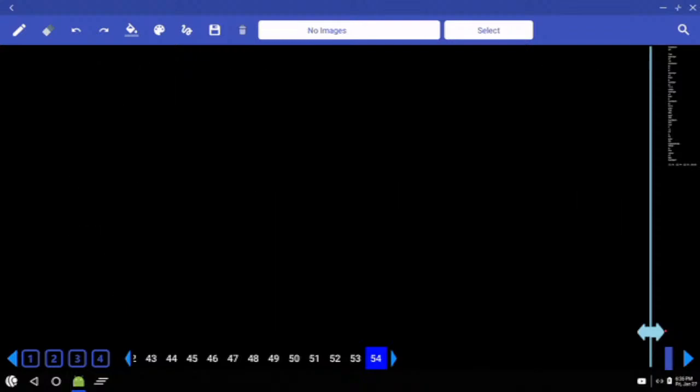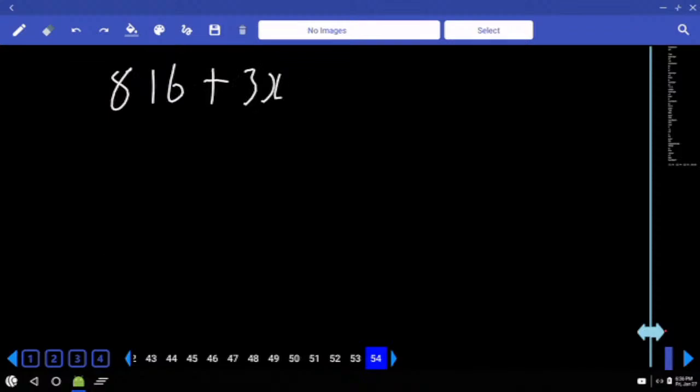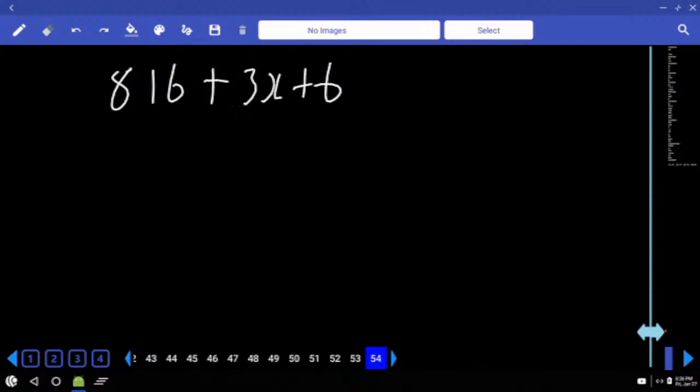So if you continue this calculation, 816 plus this is what? 72? Okay, fine. So calculate. This is 3x plus 6, right? Okay, 3x plus 6. Now, did you add 66 to this total 816 and 435? You didn't. Okay, fine. So how much do we get now? 816 plus 66, 70. How much? 72. Wait.